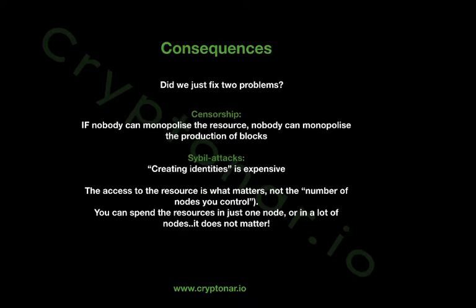So if we actually do this, then we have solved not one problem but two. First of all, the censorship problem. If we introduce this resource that you need to spend, which is decentralized, and this is your only way to express your opinion on the network, then if nobody can monopolize this resource, nobody has full control of the network.